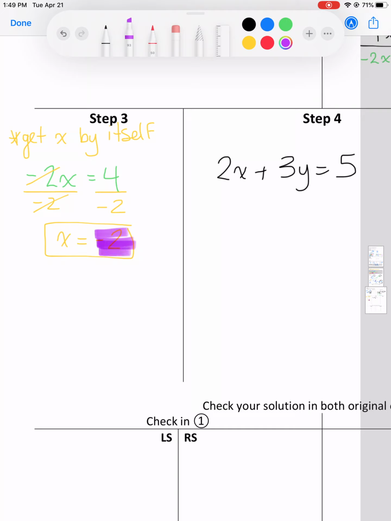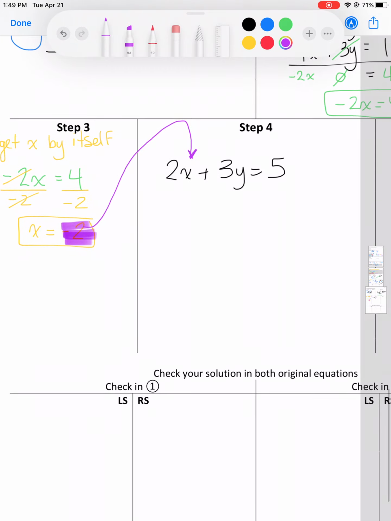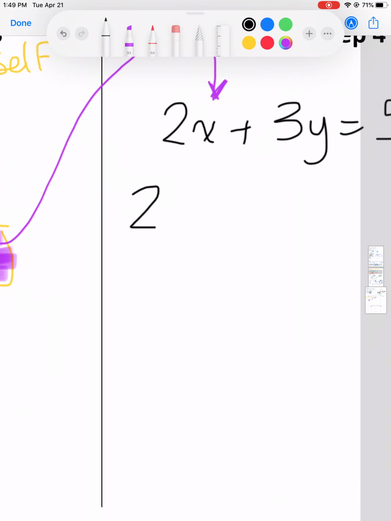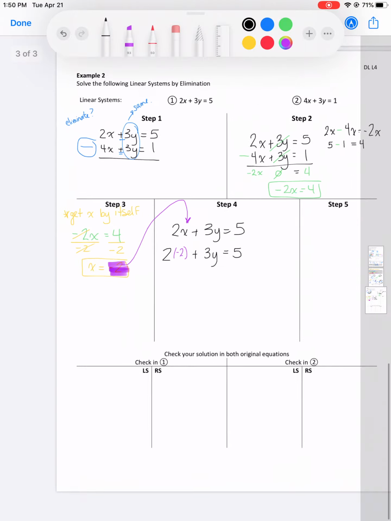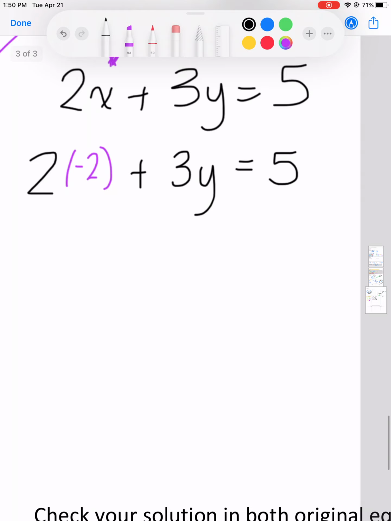So this value is going in to my x. So it's going to be 2 bracket negative 2. Okay? Now we're going to start solving. 2 times negative 2 is negative 4. Plus 3y is equal to 5.